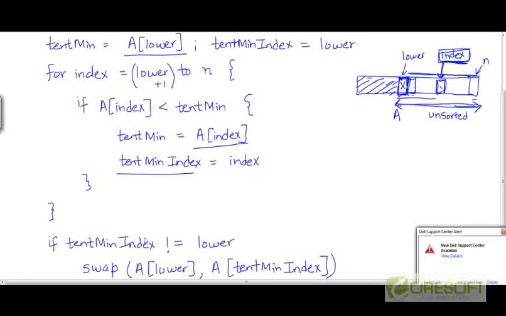But if it's not equal to lower, we are going to swap A of lower with A of whatever that tentative minimum index is. After the swap step, we would have placed the minimum value in this location, and so we are ready to extend the sorted portion by one element.